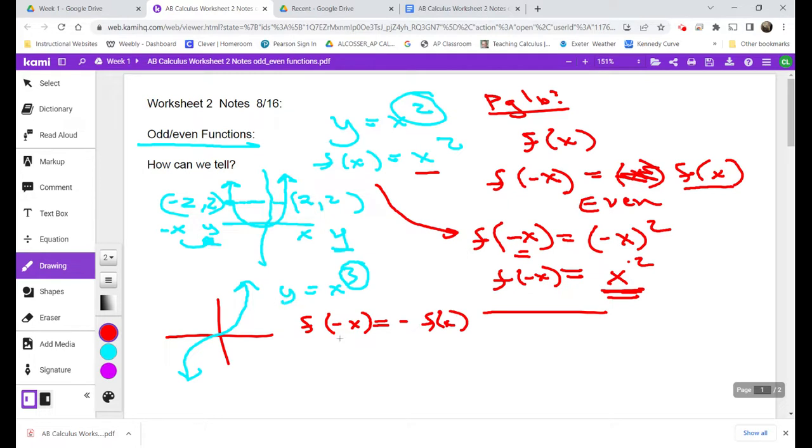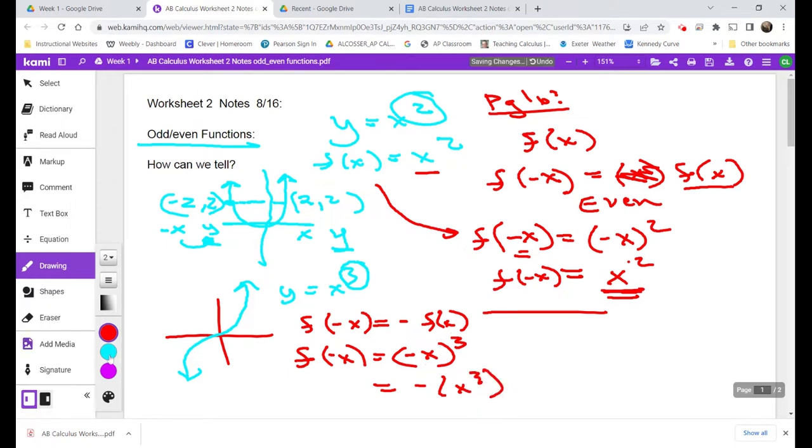So let's look at this. What do I mean? I'm going to take f of x, plug a negative into it, take negative x, and cube it. When I cube negative x, I get negative x cubed.